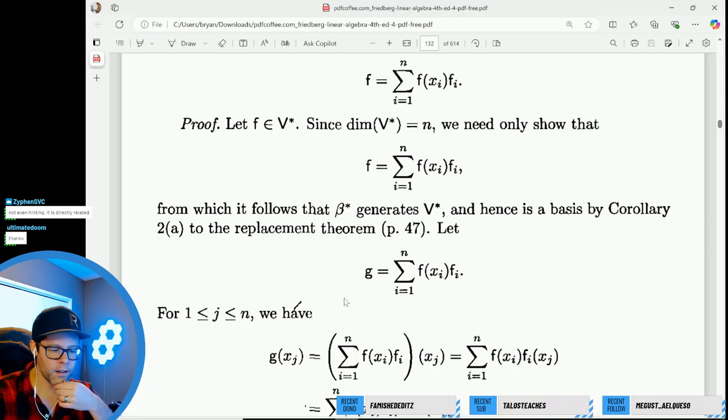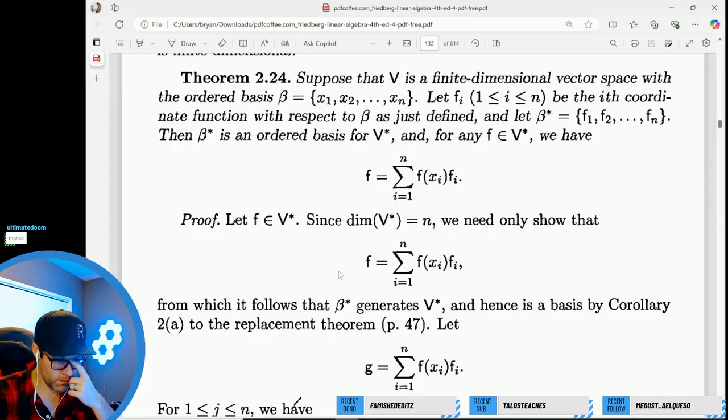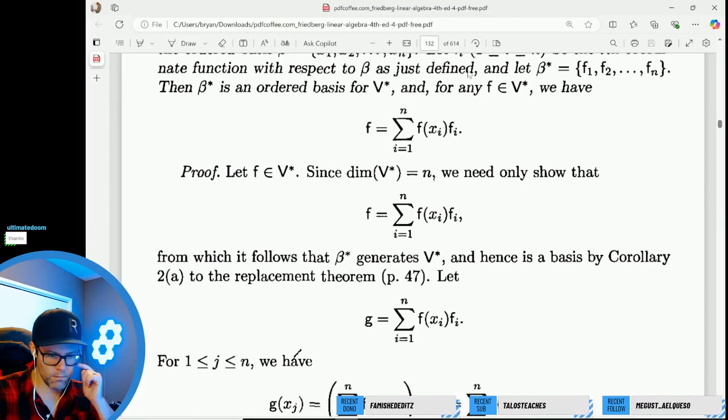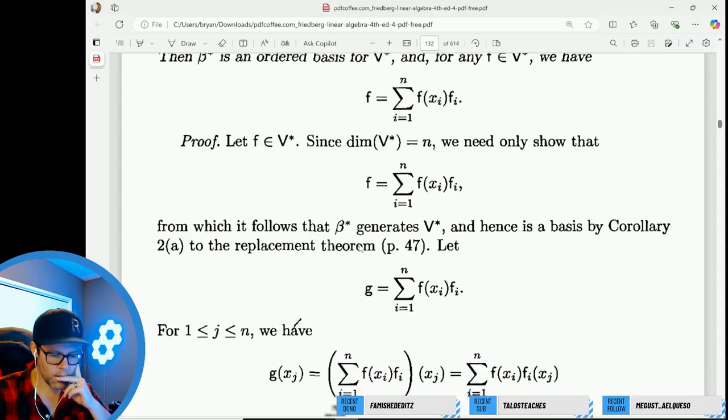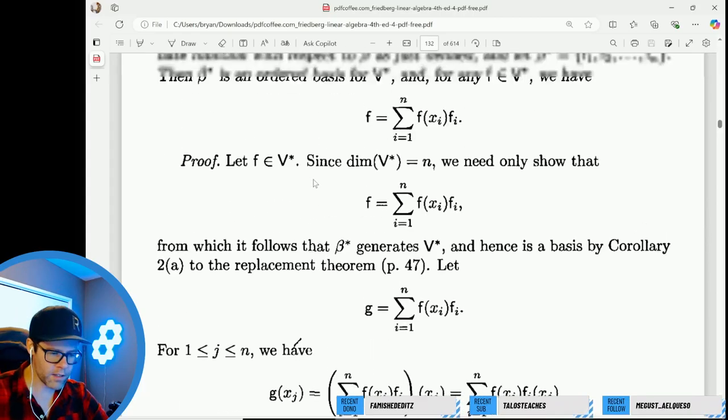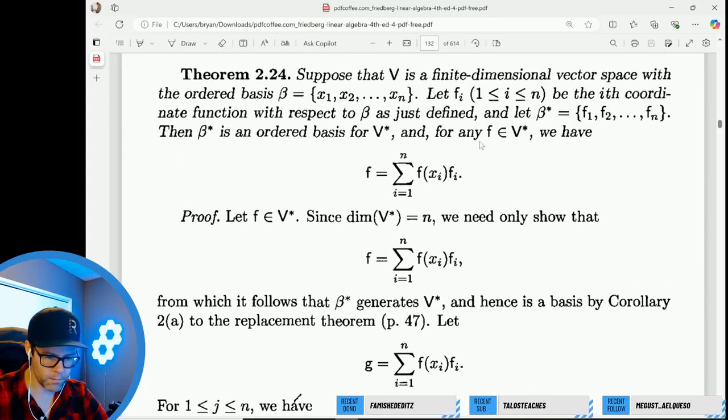Oh, they're showing uniqueness. Okay, it's not obvious in the statement of their theorem that they wanted it to be unique.